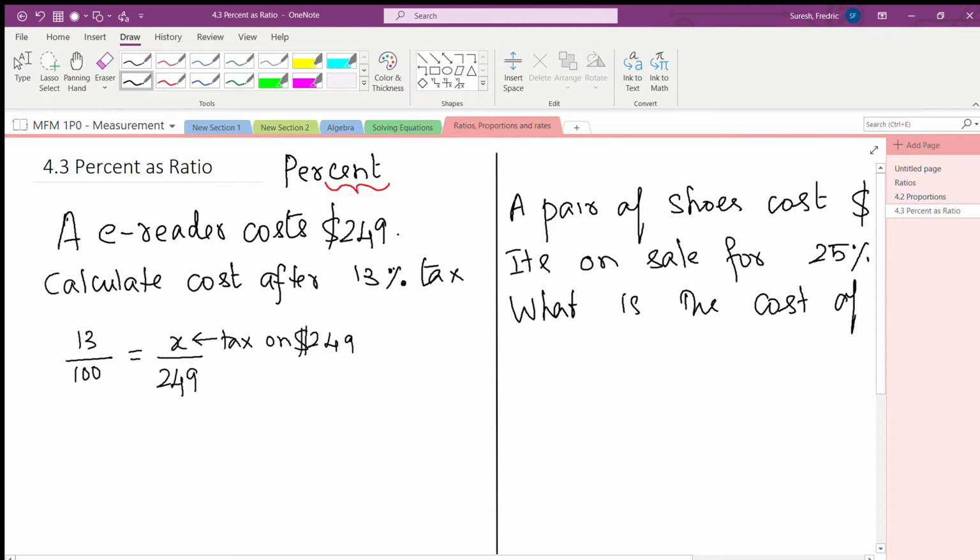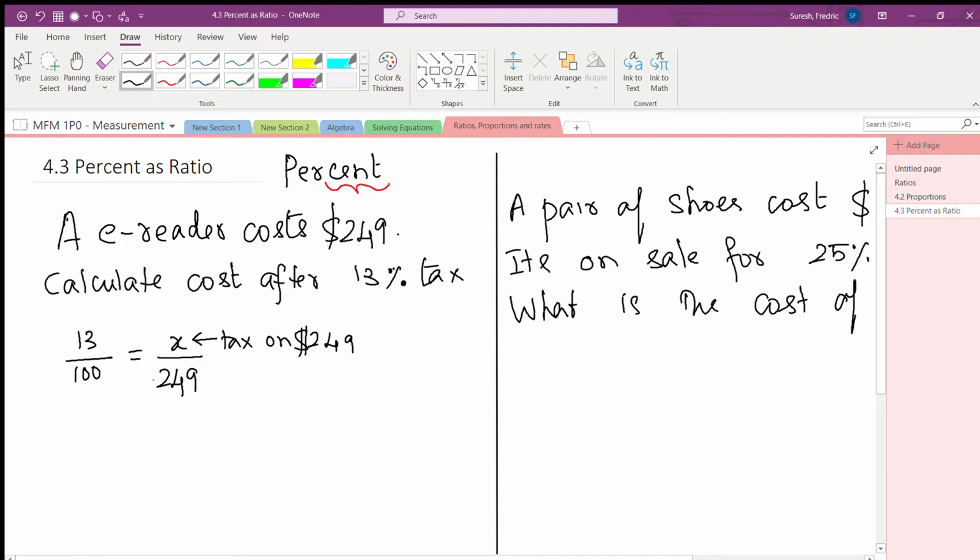So this is the tax on $249. Notice here how I have changed a percent to a ratio. Because we are comparing two ratios, they are proportions right now. So we have changed a percent problem to a proportion problem, and you guys know how to do this one.